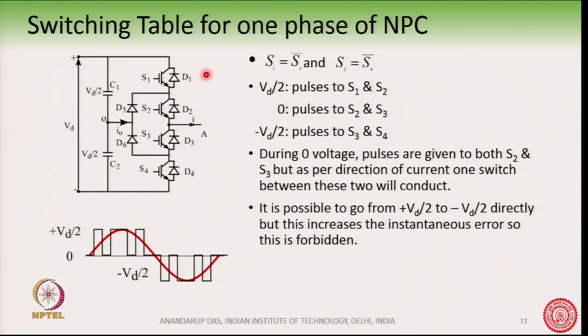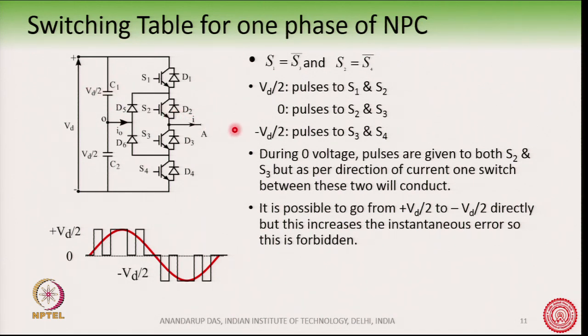Now, if I want to get the positive voltage, I of course will turn on S1 and S2 simultaneously. So, S1 and S2 cannot be made complementary. On the other hand, if I turn on S1, S2, S3 at the same time, then I will have a path like this, S1, S2, S3, and I will short this DC bus.